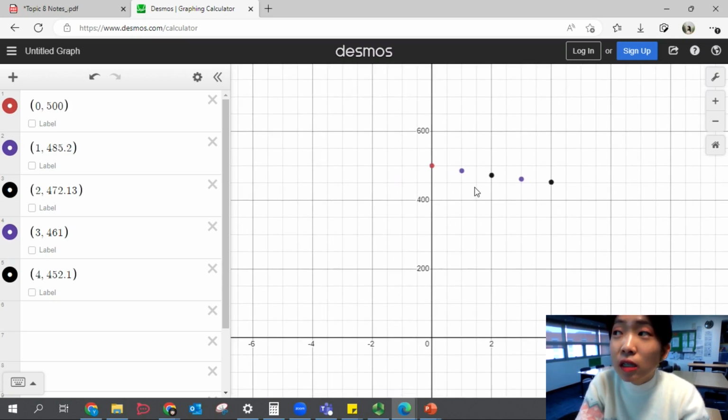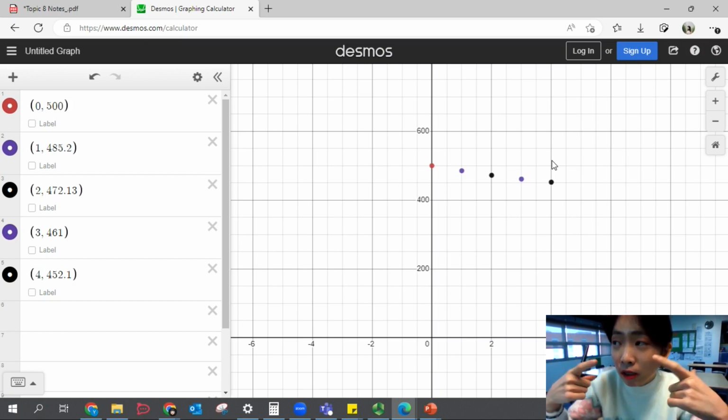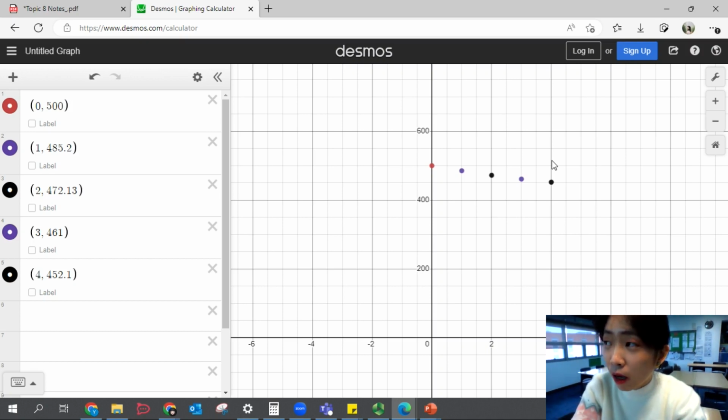Does this look like a curve or a line to you? What is it closer to? Now it might not have a perfect line or a curve, but you can see whether it's going to follow the same pattern like an exponential function, or it's going to draw a parabola, right?